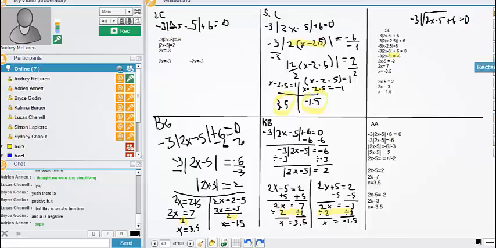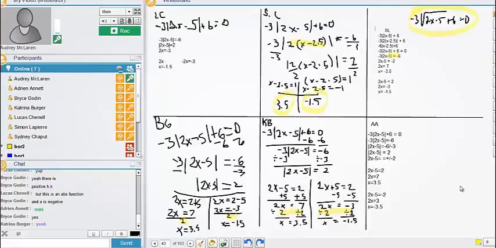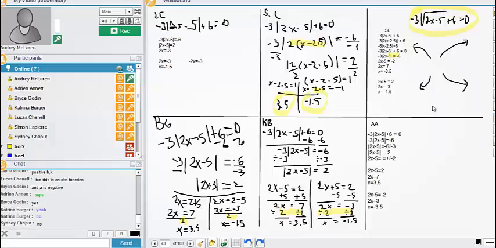Where is this function equal to 0? First of all, is it possible that there will also be 2 answers for this one? What do you think? Knowing what you know about square root functions. If it looks like this, or this, or this, or this. I'm really messing up your spot there, Simon.